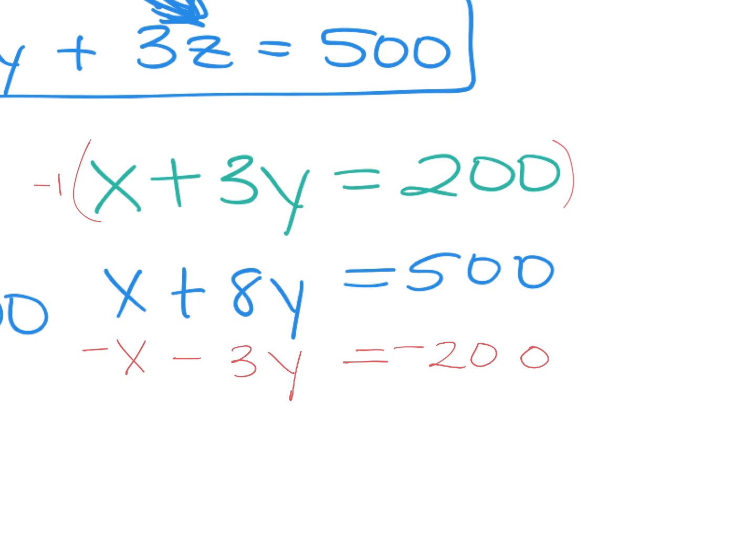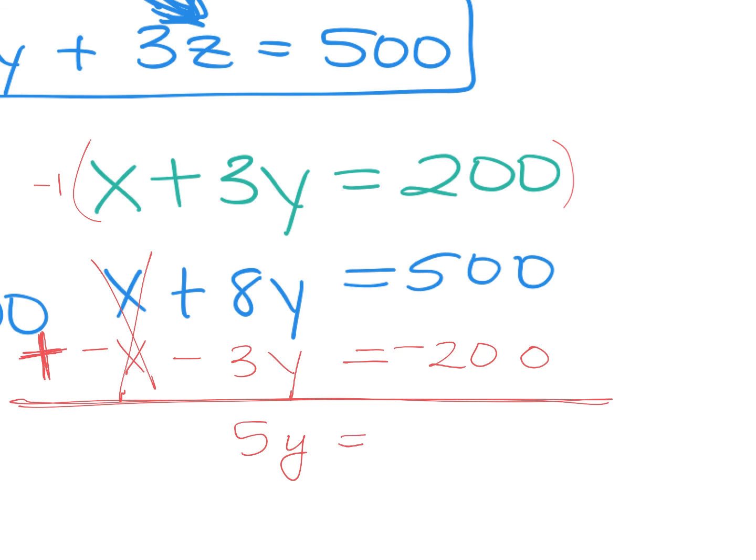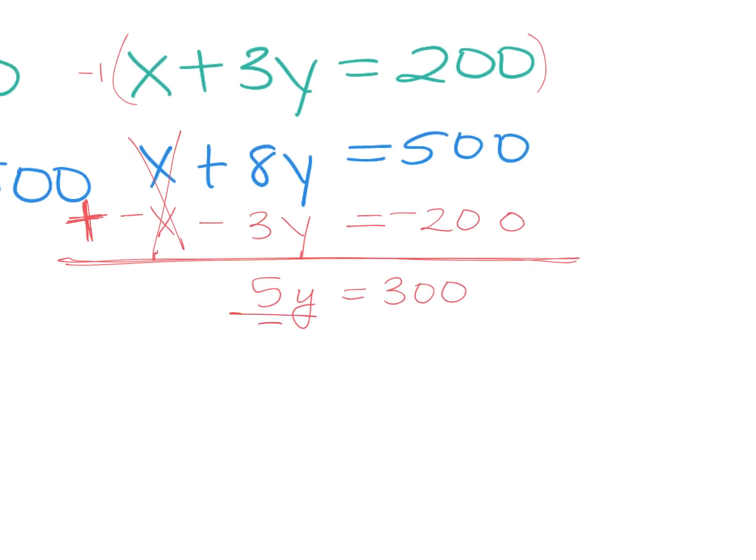Otherwise, you could just subtract them, but I don't want to encourage that, just to avoid confusion. So add these two together. X plus a negative X is 0. 8Y plus a negative 3Y is 5Y. 500 plus negative 200 is 300. So solve for Y, divide by 5. You get Y equals 60.